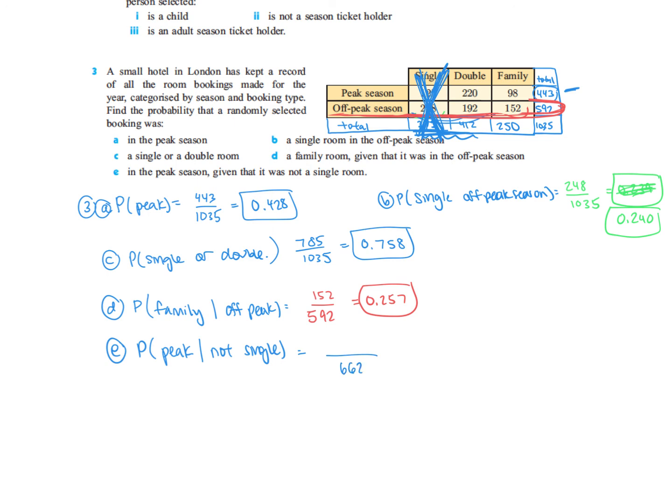And then what's the chance that it was peak season? So I'm going to add up 220 plus 98. That's 318 out of 662. And that would be 0.480. So again, we take out the singles, so it's out of these 4. Basically, I added up the double and the family. And then out of those 4, it was in peak, so I added up the 2 peaks.